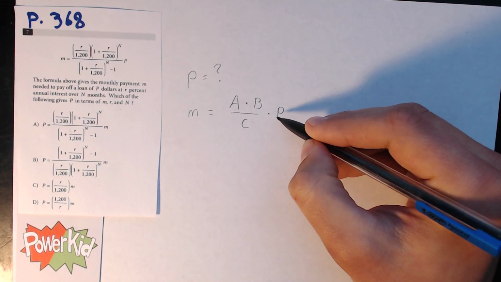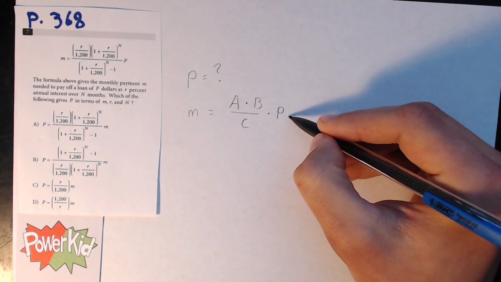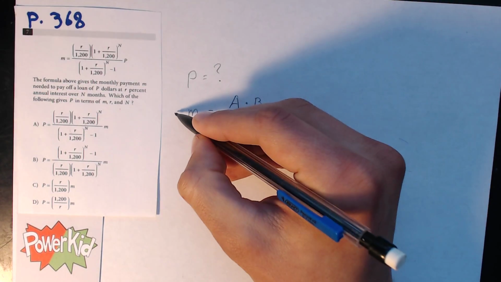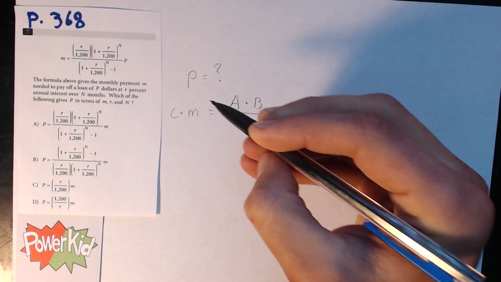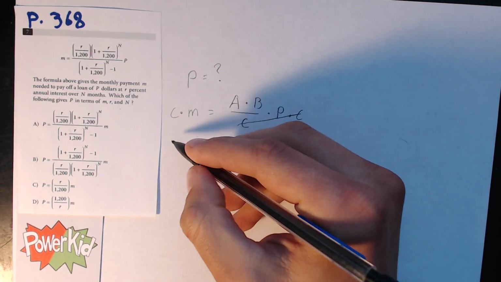I'm going to solve it like this. I'm going to take this C, and to get this C off on the other side, I'm going to multiply both sides by C, because I want to isolate P. Now when you're isolating a variable, you never want to move the variable, you want to move everything else.